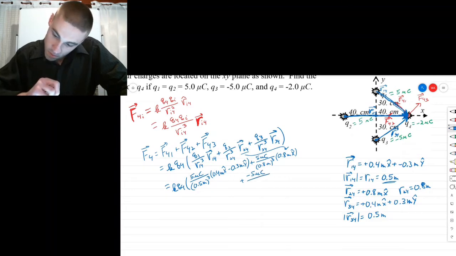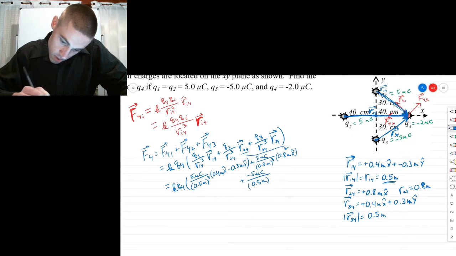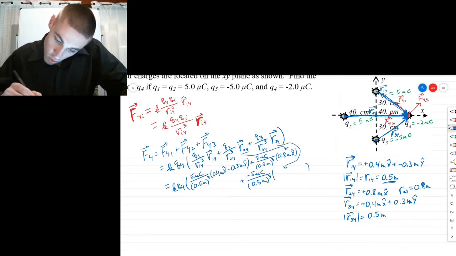And the R34 in the denominator is 0.5 meters to the third power, and our vector then is 0.4 meters in the x-hat direction plus 0.3 meters in the y-hat direction.